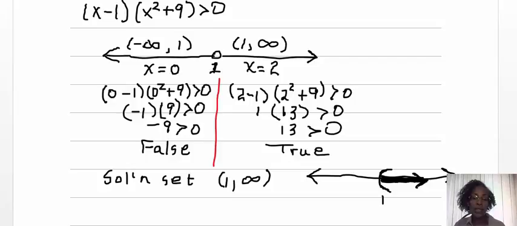If this had been a greater than or equal to, the only thing I would have done differently is that when I wrote the solution set, I would have included the boundary point of 1 by writing it with a bracket. And on the number line, I would have put a bracket above 1 instead of a parenthesis.